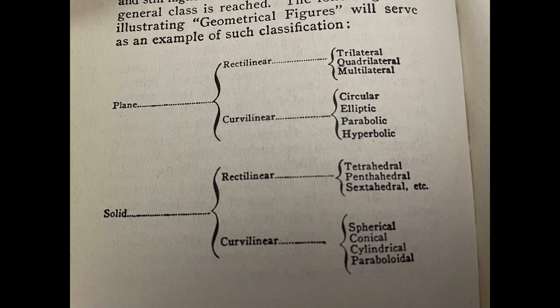In the above illustration, we have the smallest class of figures grouped according to its most positive quality. This group is raised to the respective class of plane or solid, as the case may be. And this last class is included in the general class of figures.